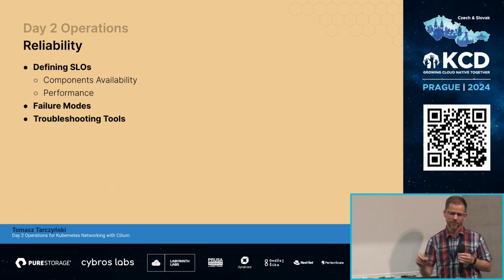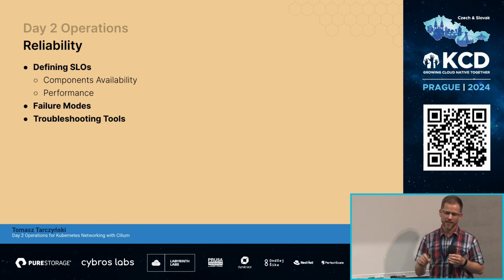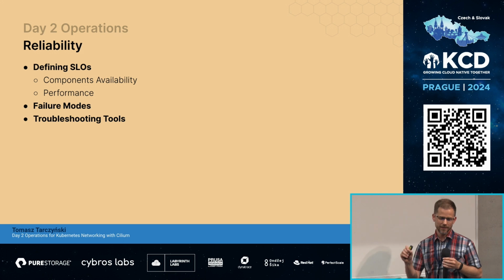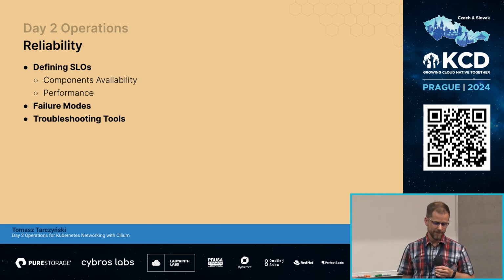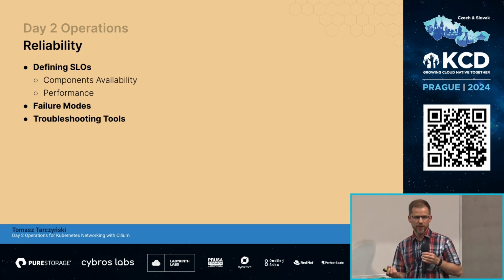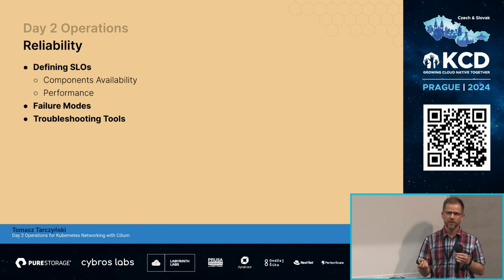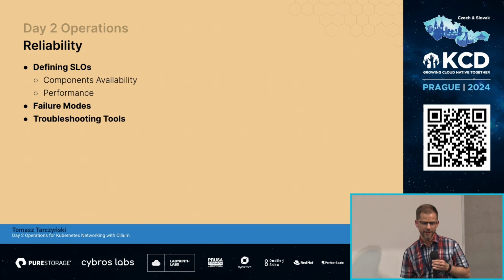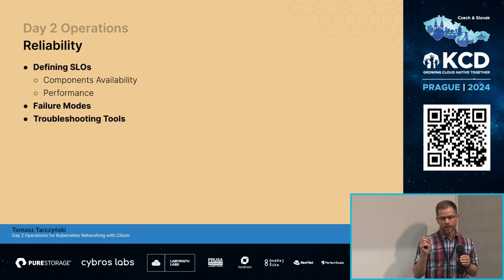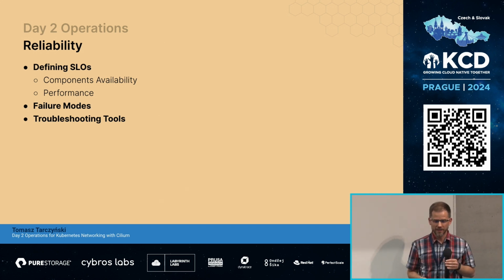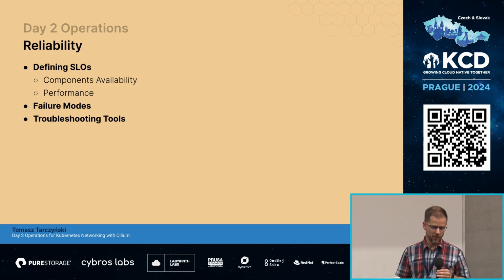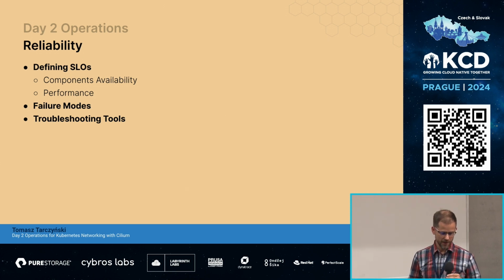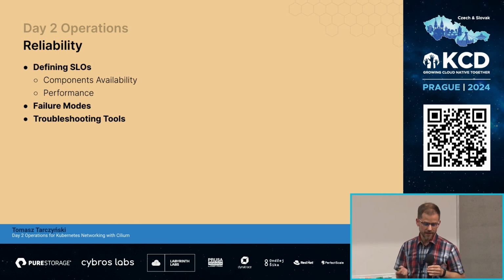How would you measure what does it mean that the things you run, that it runs well? Stuff like availability of your components, which might be not such easy to define in a fine-grained manner. Performance, what are your performance expectations? So those things that we just talked about, like latency, throughput, stuff like that.